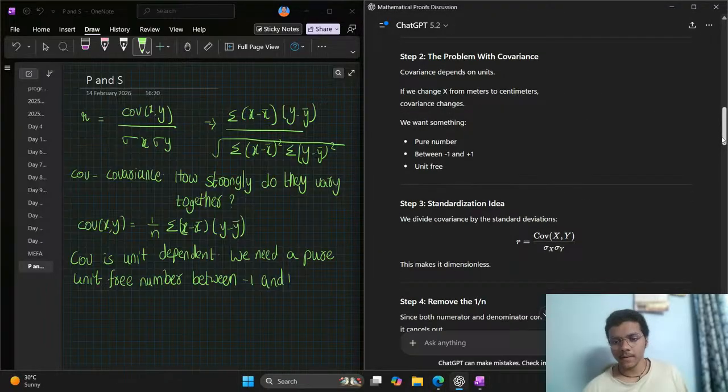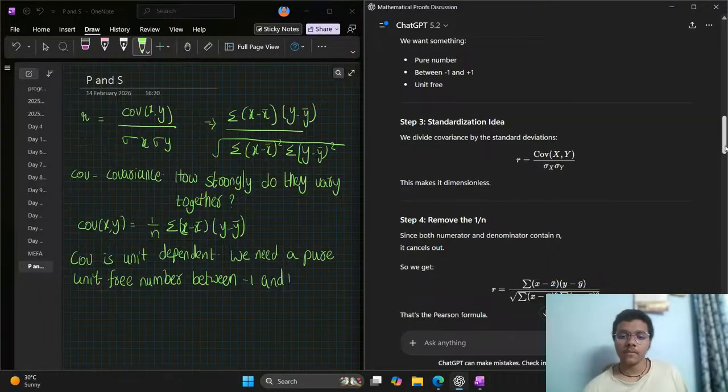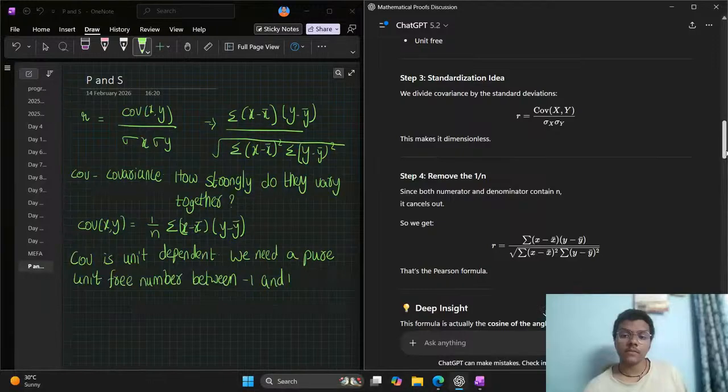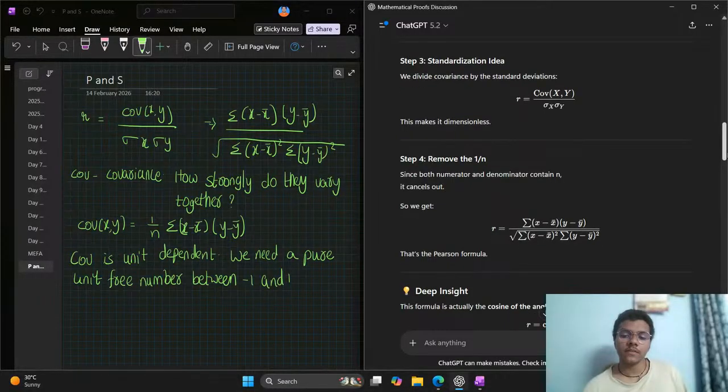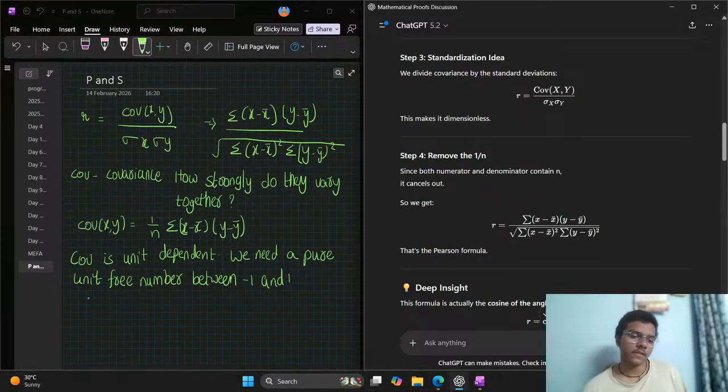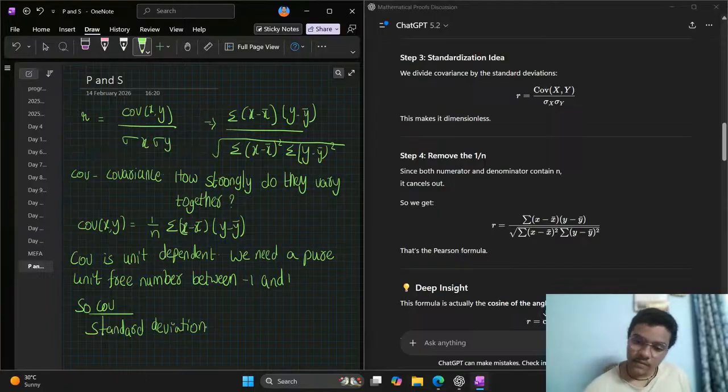We divide covariance by the standard deviations, which makes it dimensionless. So covariance by standard deviation gives you the correlation. That is basically Pearson's formula.